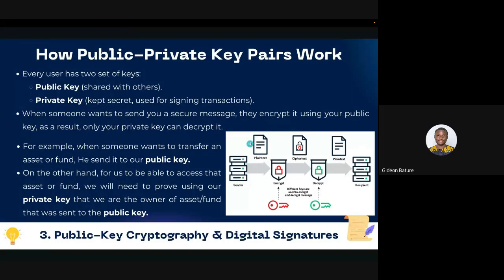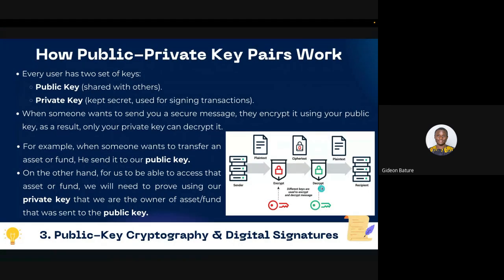Sender takes your public key, combines everything he wants to send to you, encrypts it, and sends it. Once it gets to you, you have to prove that you are the owner. You have to prove that what you receive is meant for you and not for somebody else. How do you do that? By using your private key.